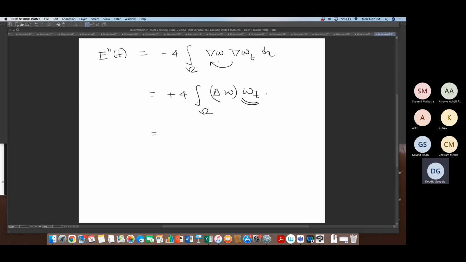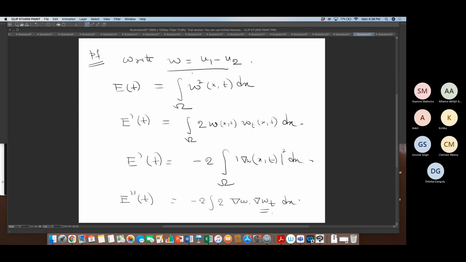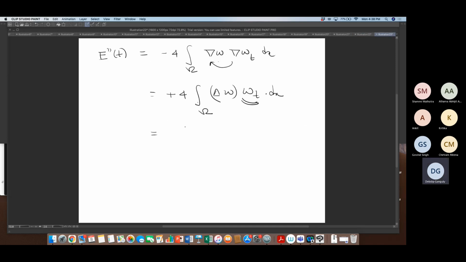Wt is equal to Laplacian W. This is Laplacian of W. So you have E double prime t equal to 4 integral of Laplacian W squared. Just hold on to this equation.